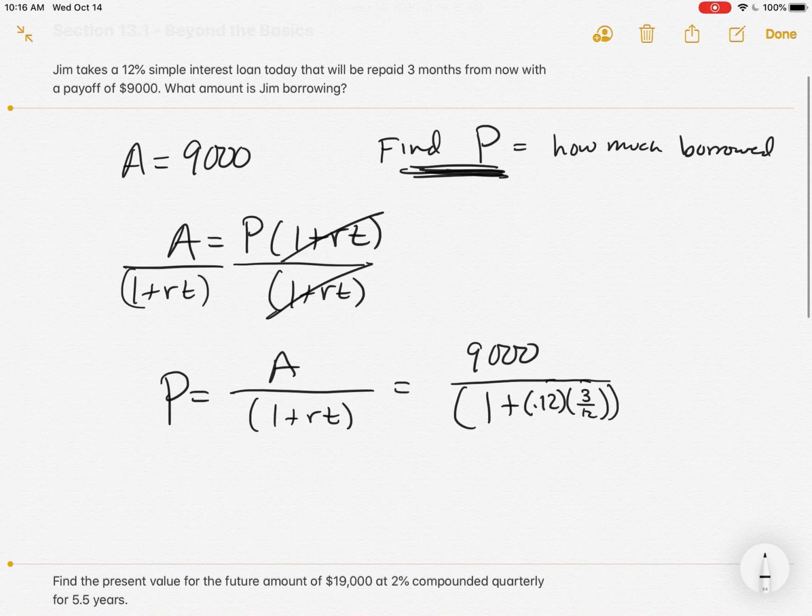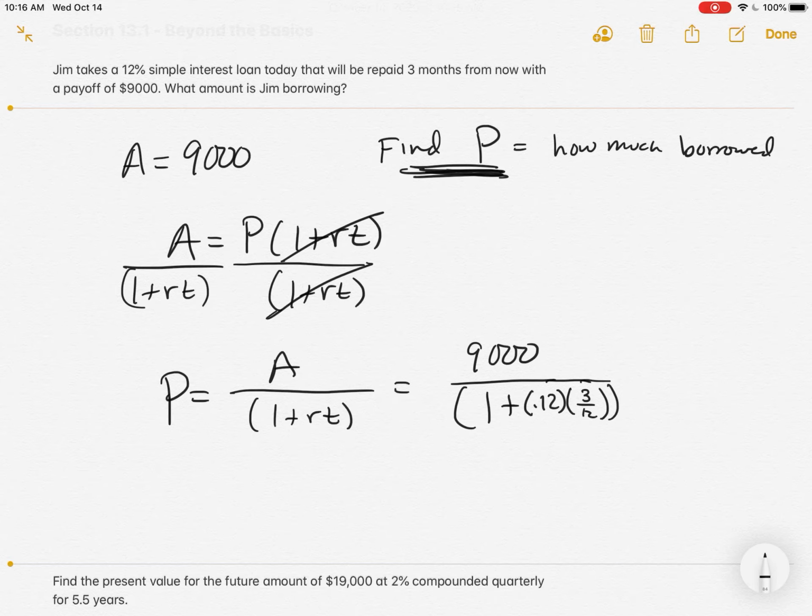And so now we're going to plug this into our calculators. I need to go grab a calculator. I didn't realize I didn't bring one with me. And so we're going to take the 9,000 and plug that in, and then in parentheses, we just plug it in directly like you see it. You want to do as little translating as possible.